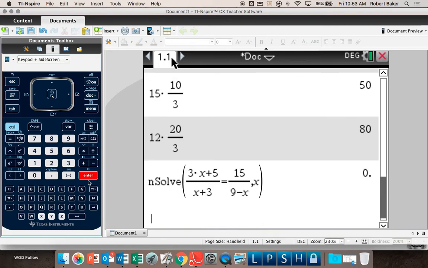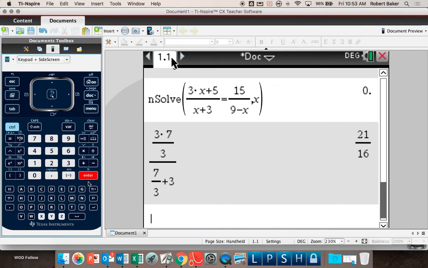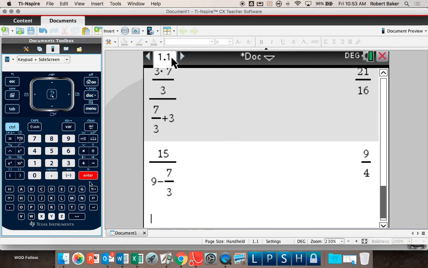That's only one of the answers. It gives you one of the answers. So the other answer should be 7/3. 3 times 7/3 over 7/3 plus 3 is 21 over 16. On the other side, 15 over 9 minus 7/3 is 9 over 4. Oh no, it screwed that up. Why are you adding the 5?